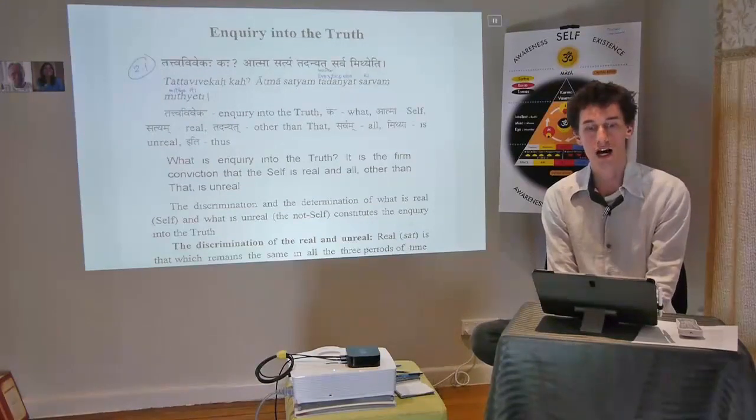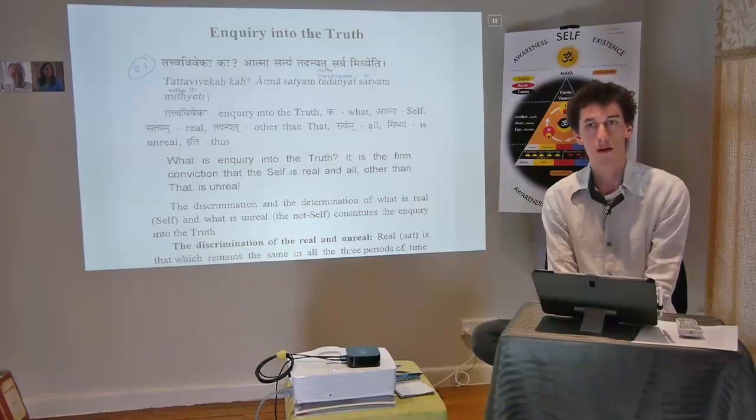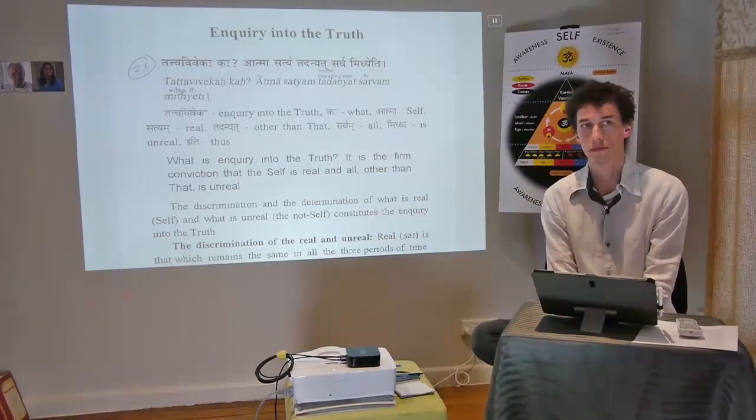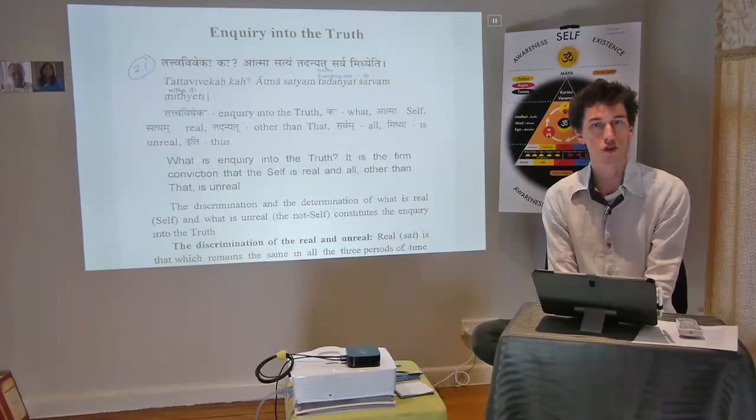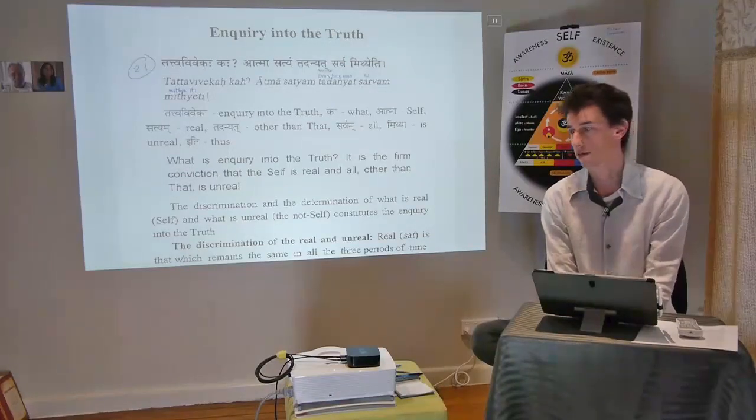Okay, so Prasthana Traya includes the following texts: Bhagavad Gita, Upanishads, and Brahma Sutra. Sutra is S, long U, T-R-A.